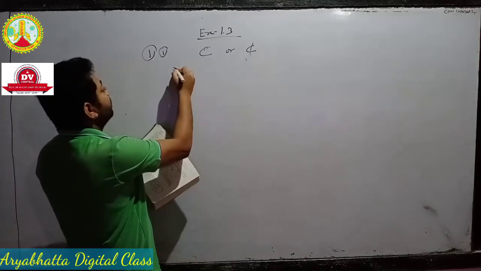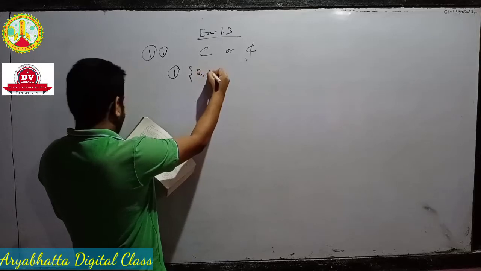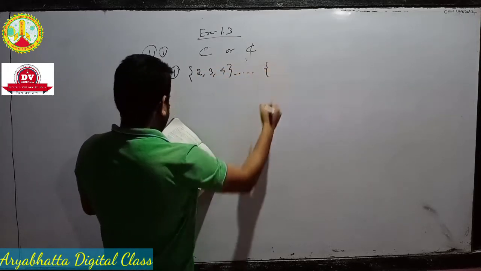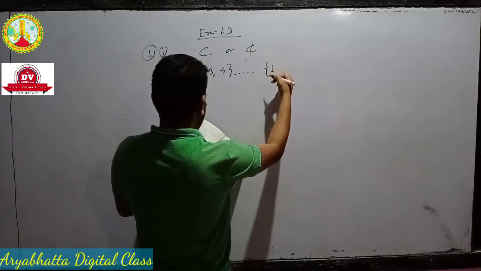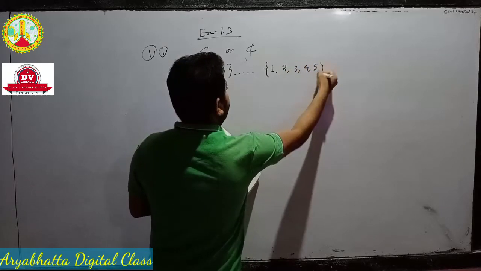Roman number 1. The first set has the elements 2, 3, 4. The second set has the elements 1, 2, 3, 4, 5.